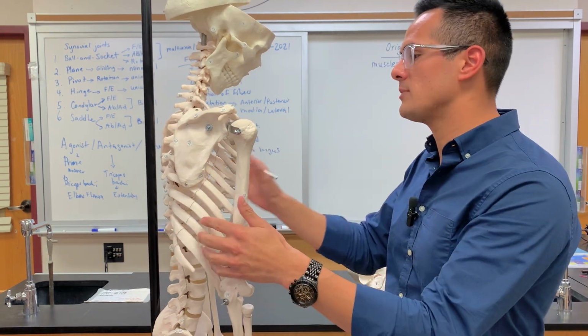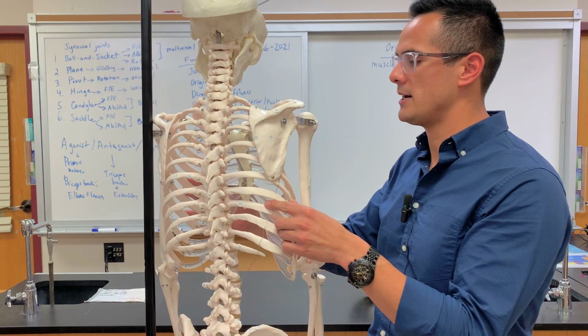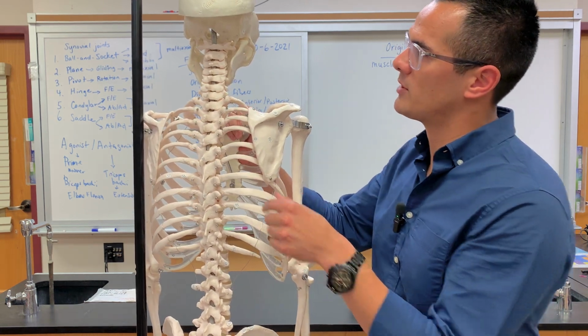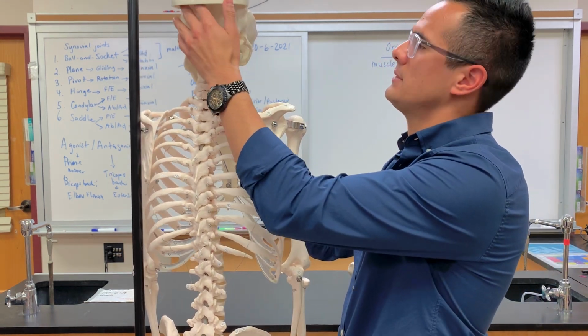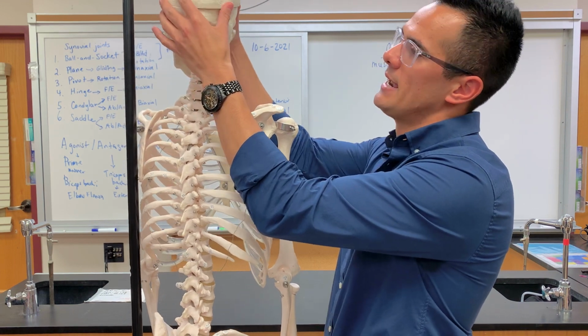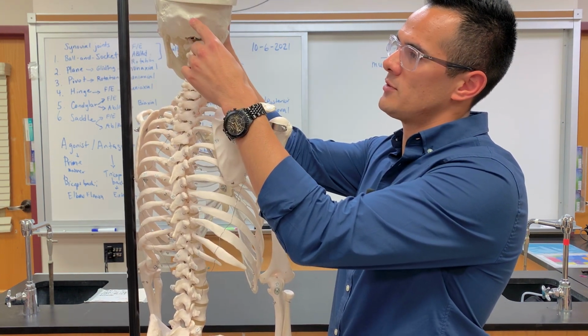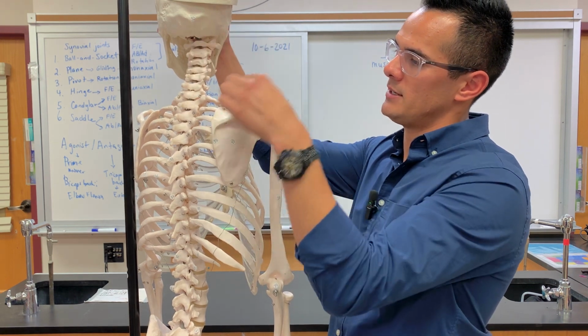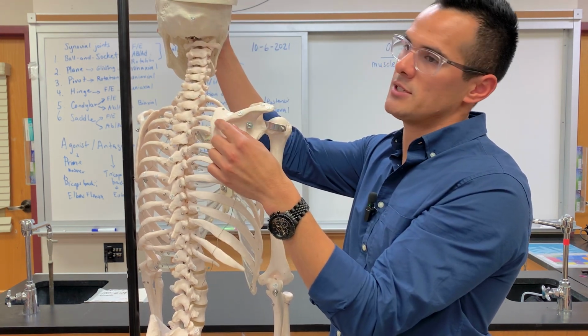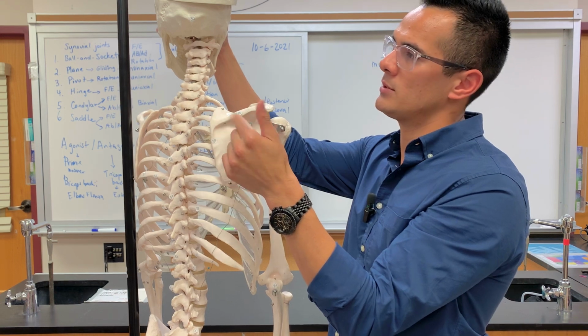So for the next couple of muscles, we're going to start on the posterior side. Up here is known as the external occipital protuberance. The muscle that goes from here, like this, and then here, and then here, is known as the trapezius. You have the upper, middle, and lower.